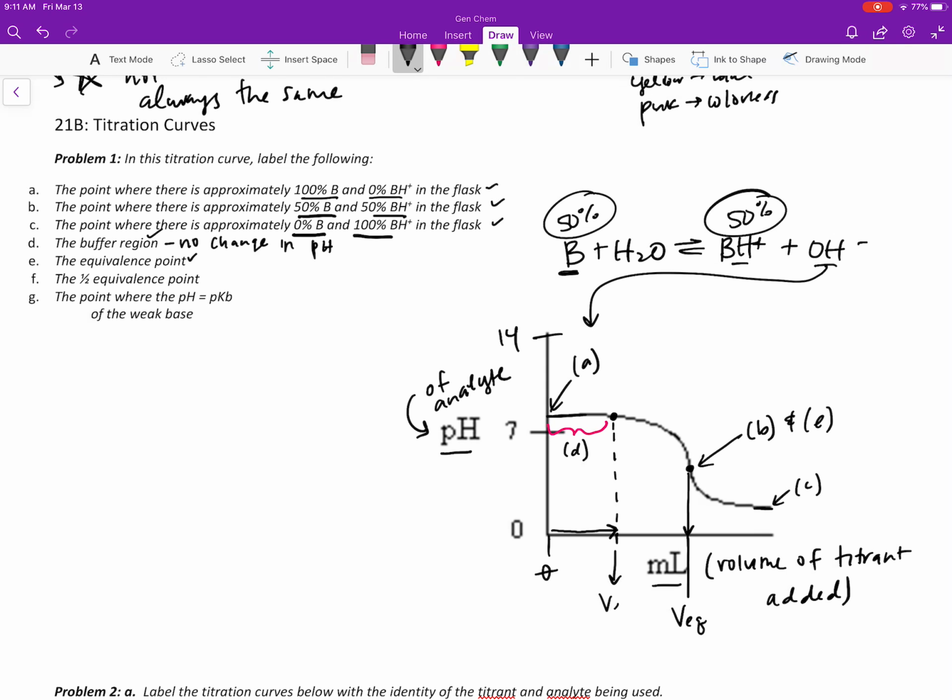So this is VEQ half. I just took the volume on the x-axis and divided it in half, and this is halfway to the equivalence point.